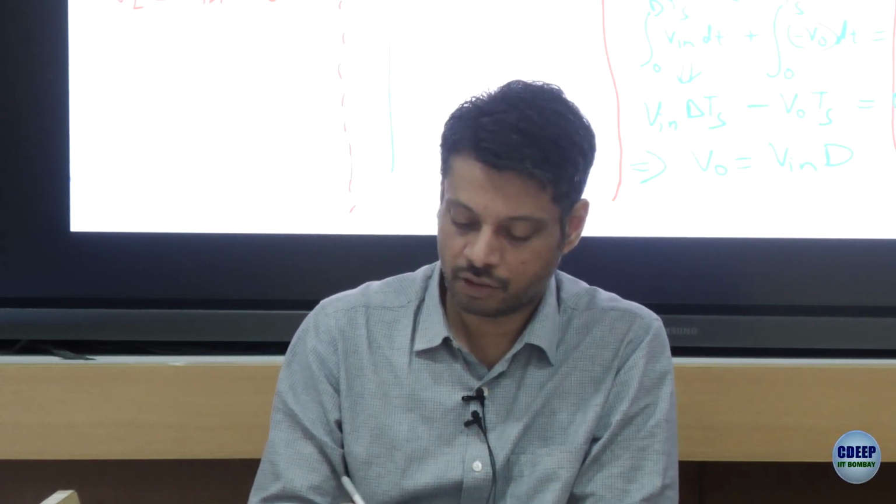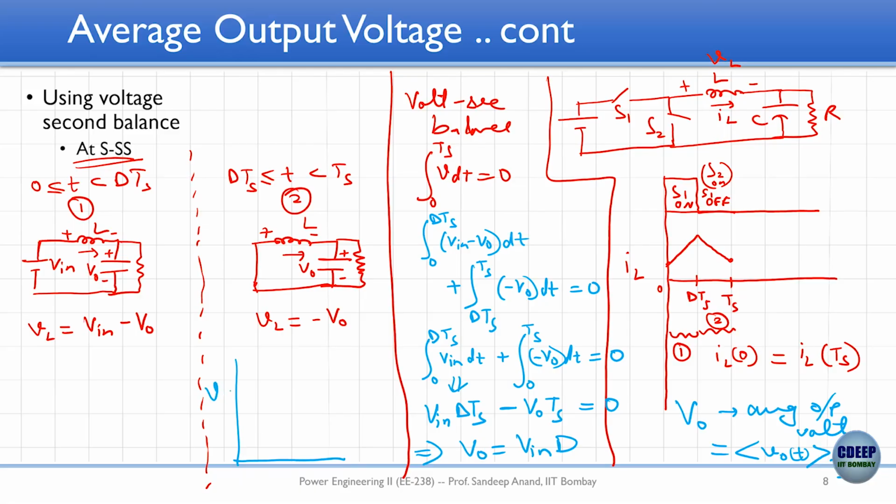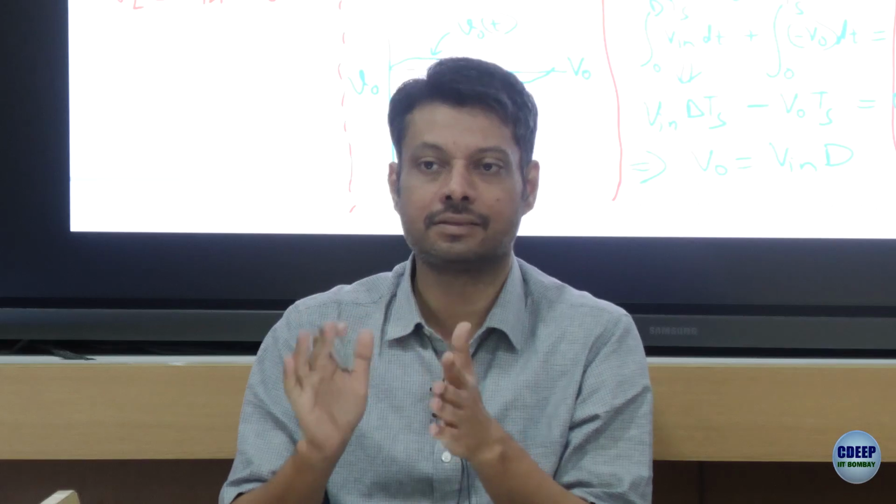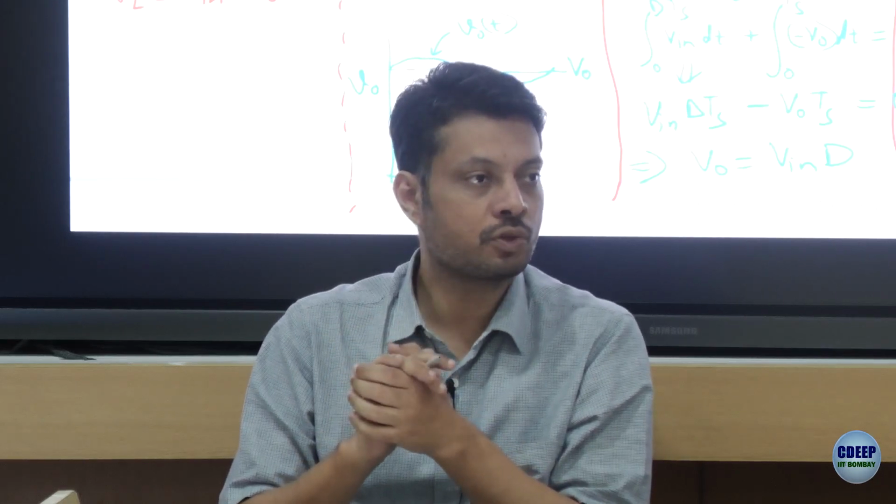So if you want to visualize it, if this is your output voltage function, then this is your capital V naught and this is your small v naught as a function of time, right? So capital V naught is the average value of the output voltage. But again, since we are considering small ripple for now for this course, it's safe to assume both are one and the same. It's safe to assume that output voltage is almost constant.